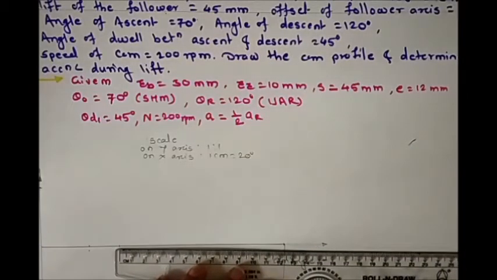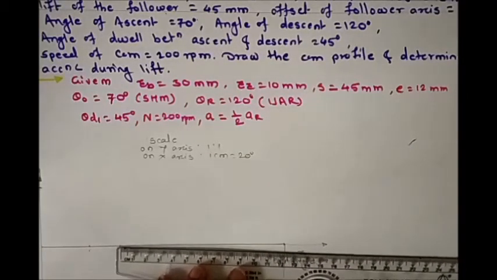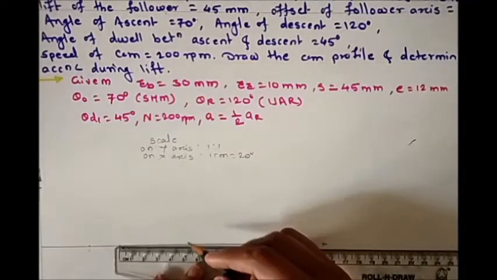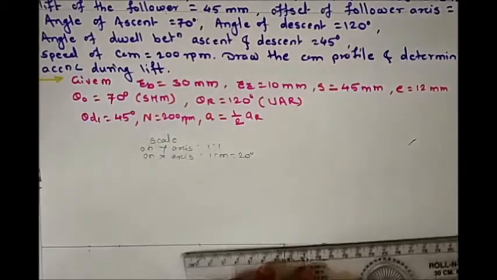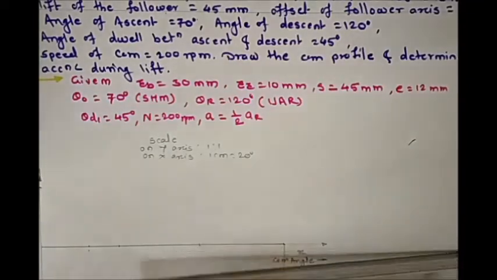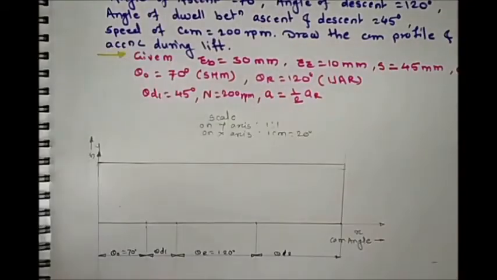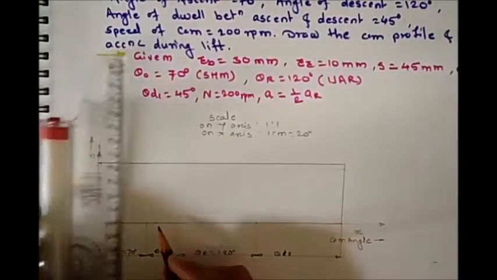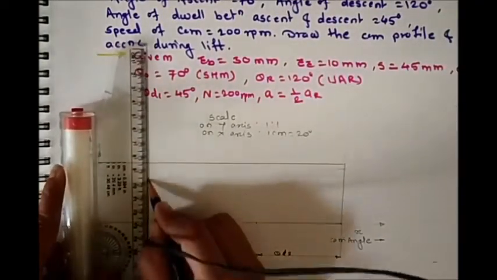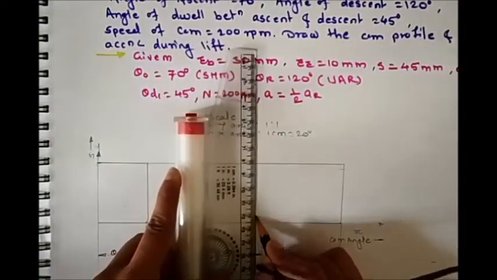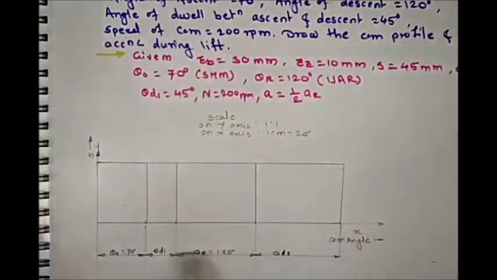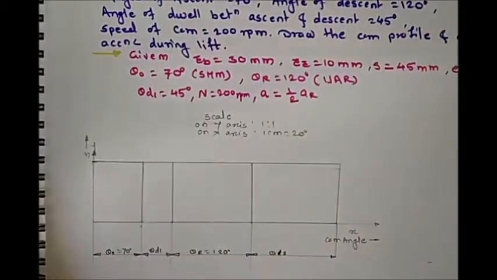Then theta r is 120 degree, so 120 divided by 20 is equal to 6, and the remaining is the last 12. Now draw the vertical line from each angle, outstroke, dwell, return, and we have this block for the displacement diagram.